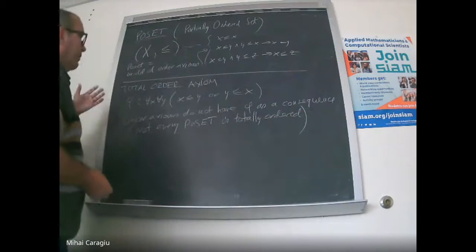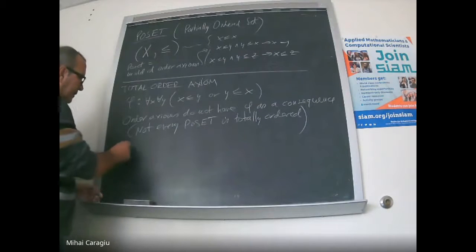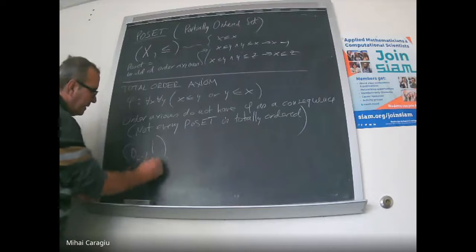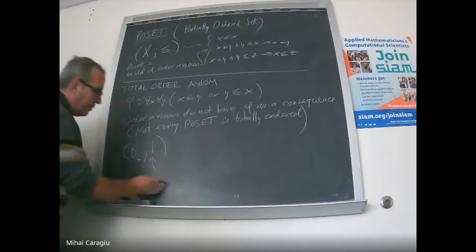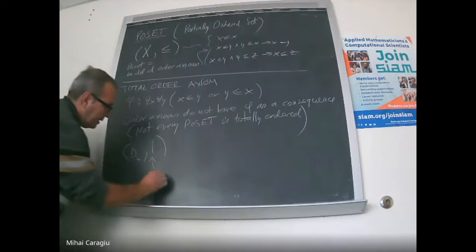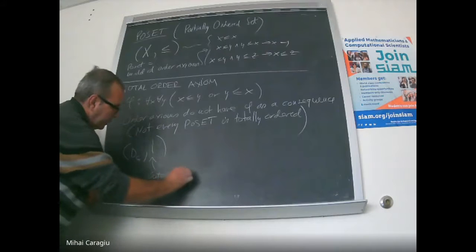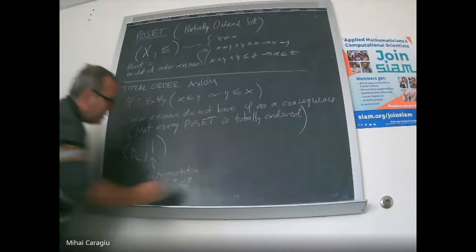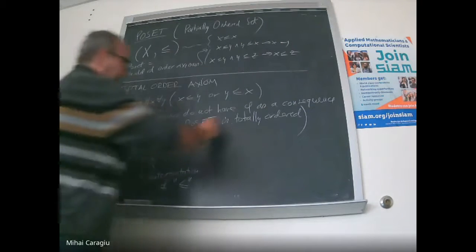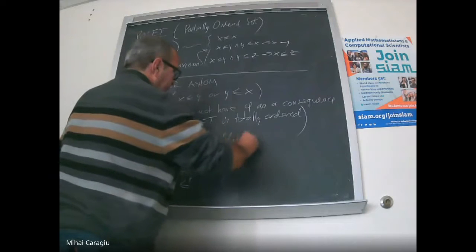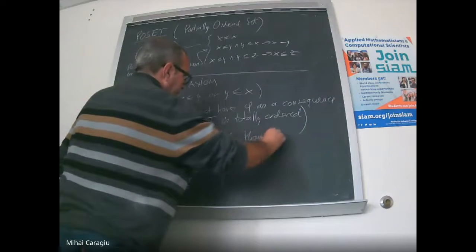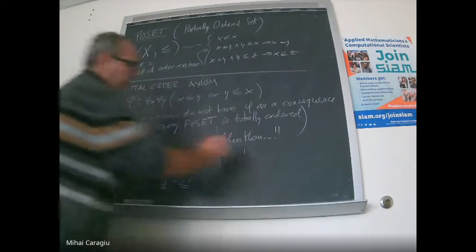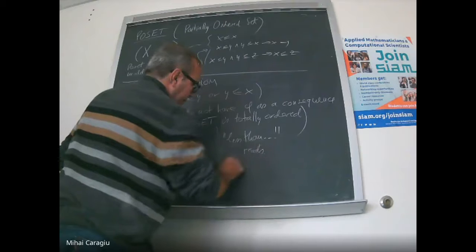So if not every poset is totally ordered, we give this example: D6 and divisibility. This is an interpretation of the order relation less than or equal, an interpretation in this context, of less than or equal in this model. So in this model, less than reads divisor of.